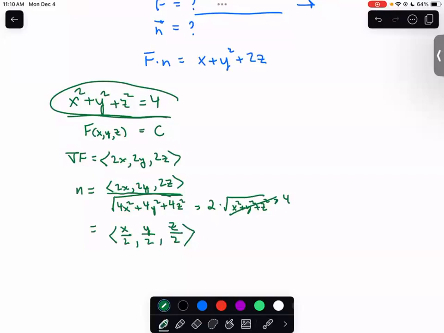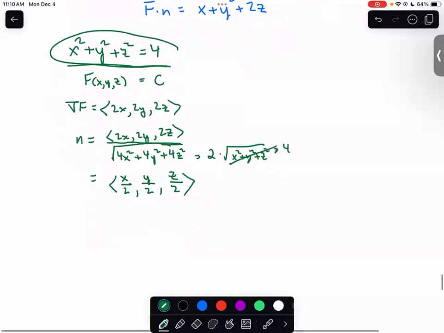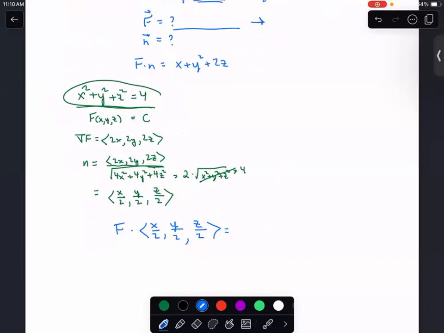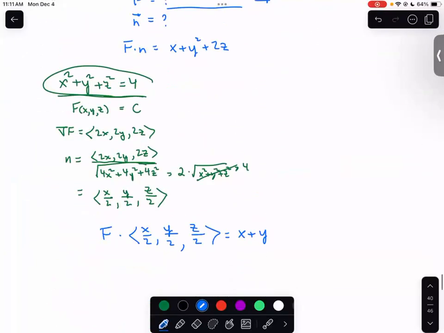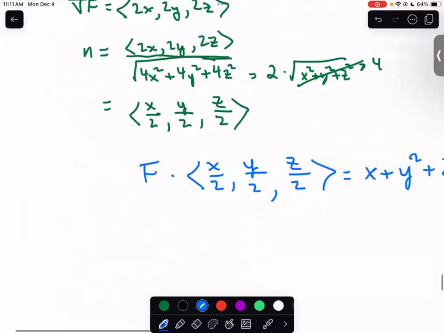All right, in my last statement for this class here, we want something that when I dot product it with my normal vector, I get out the function x plus y squared plus 2z. In fact, instead of f here, let me go ahead and write a few blanks.